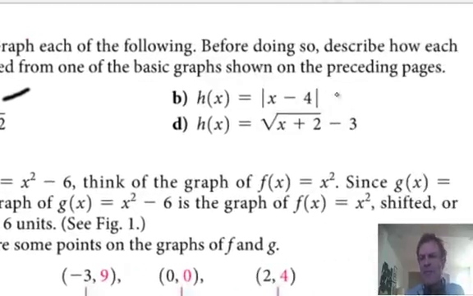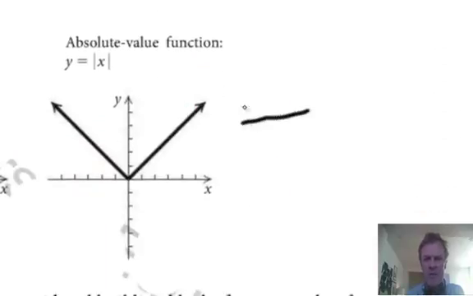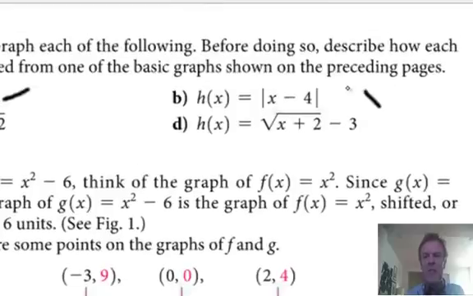How about this one? Remember, we need to know what these look like. I'm doing this one. The absolute value graph is that V shape. If here are the axes, I'm going to move it 4 where? Minus 4, so move it in the plus direction 4.